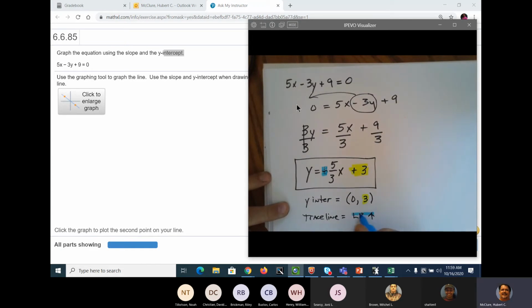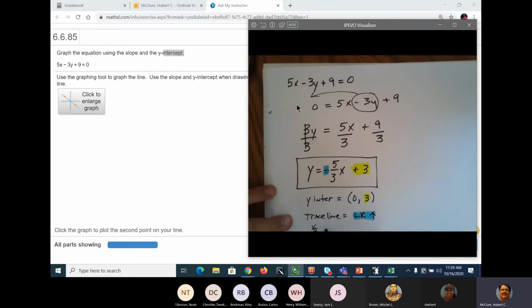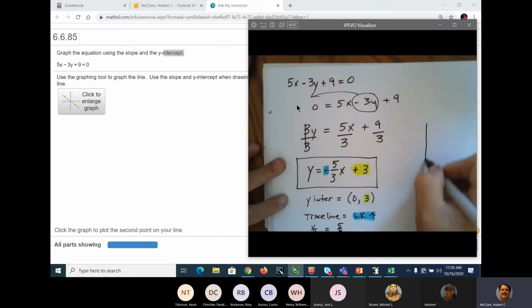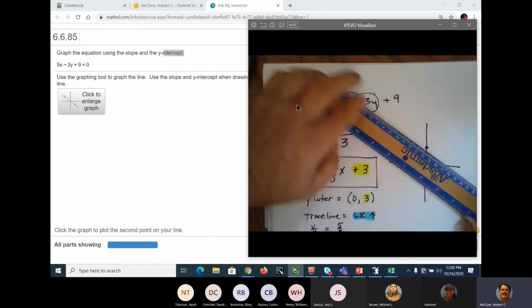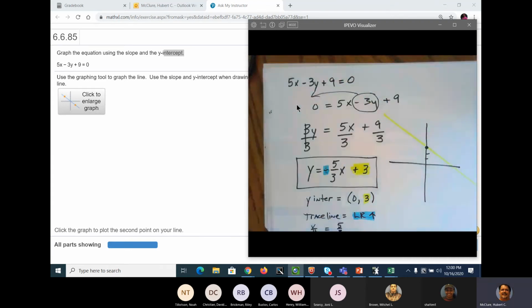And vertical over horizontal is 5/3. So I basically draw my y-intercept, 1, 2, 3. I'm going to draw a trace line, and usually I draw my trace line at a 45-degree angle. It doesn't matter because you're just using it as a guide. And I draw it real light. If you're doing it on paper, take your pencil, just draw it real light.